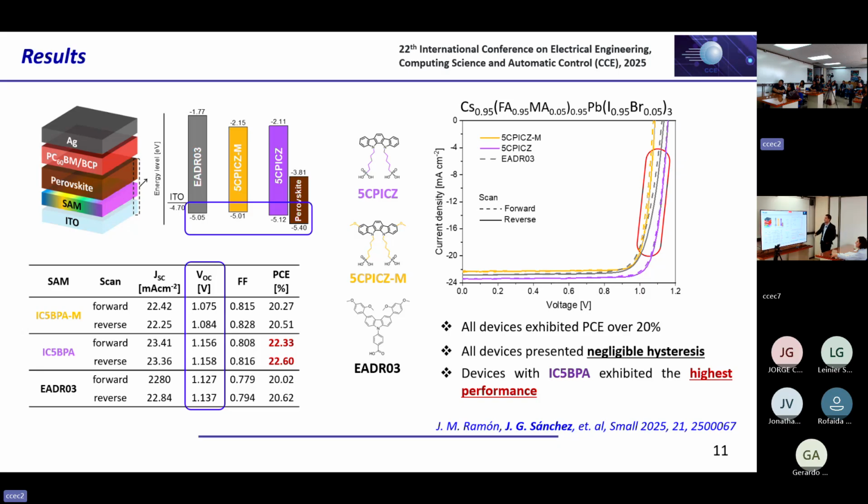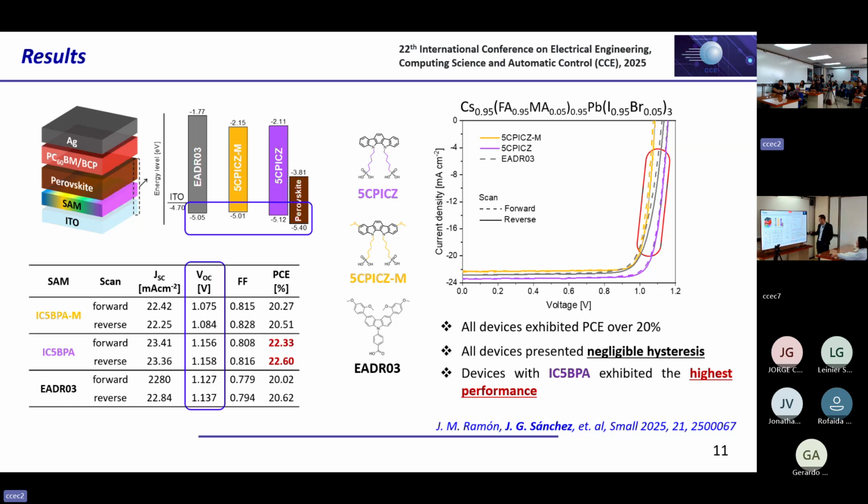From the JV curve, when we measure in the forward and the reverse, we don't have hysteresis. Well, we have, but it's very, very small in comparison with other perovskite solar cells using, for example, spiro-OMeTAD. With spiro-OMeTAD it is typical to have hysteresis.